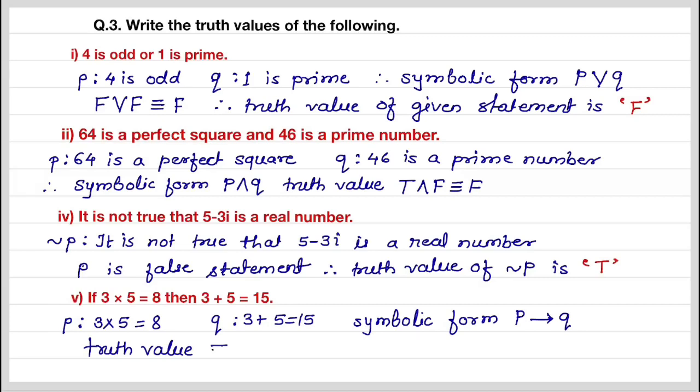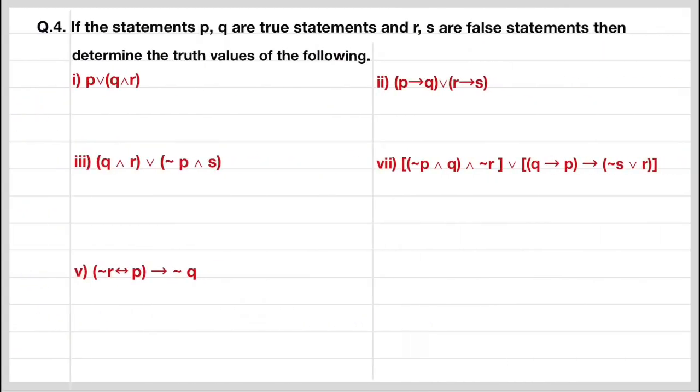Therefore, both statements are false. F implies F, and we know F implies F is true. Therefore, the truth value of the given statement is T.